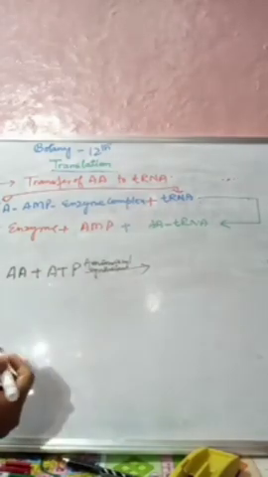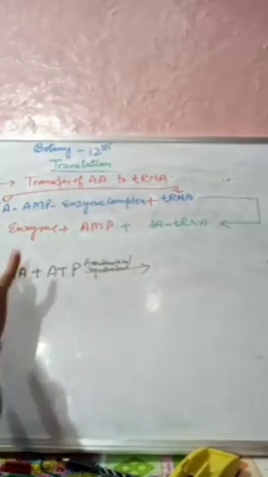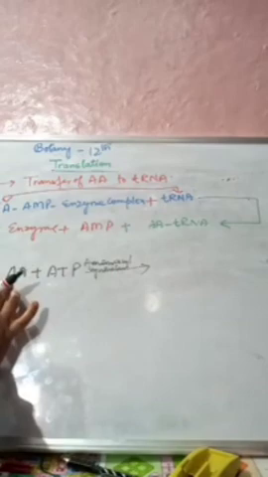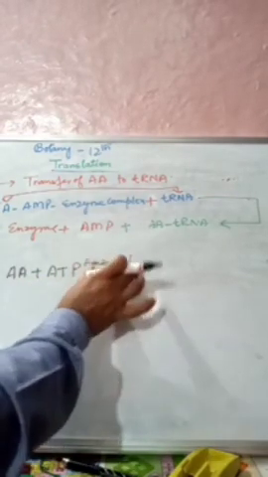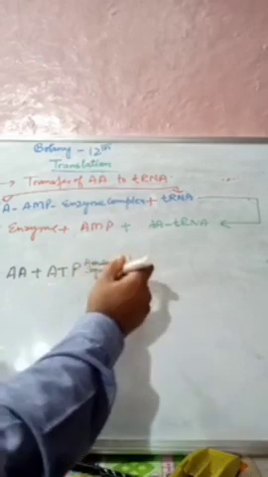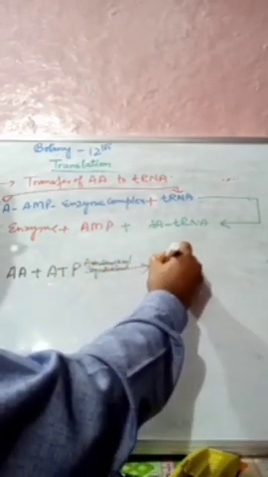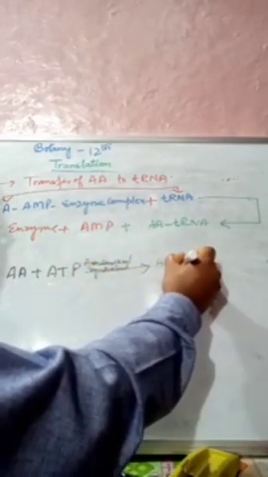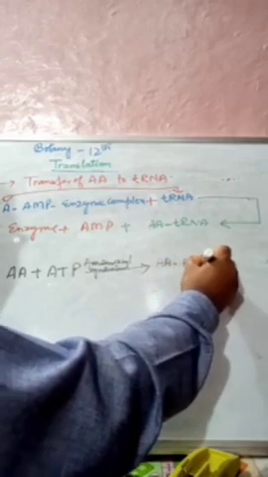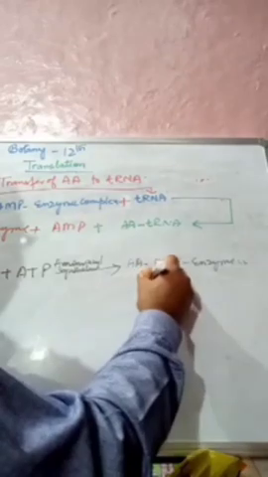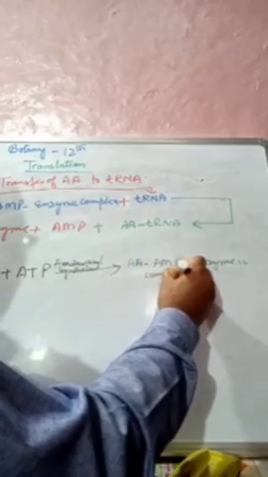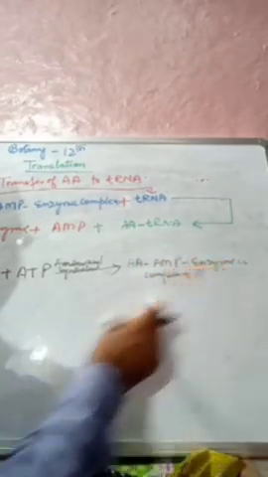Due to this reaction, the amino acid and adenosine triphosphate, mediated by this enzyme, form this aminoacyl AMP enzyme complex, and also pyrophosphate is liberated.